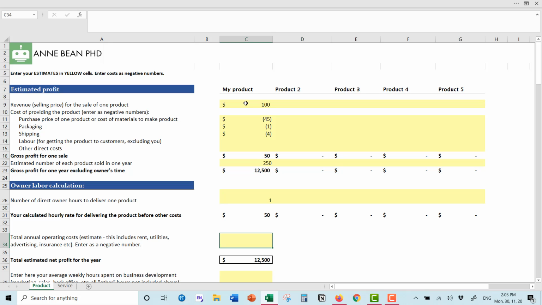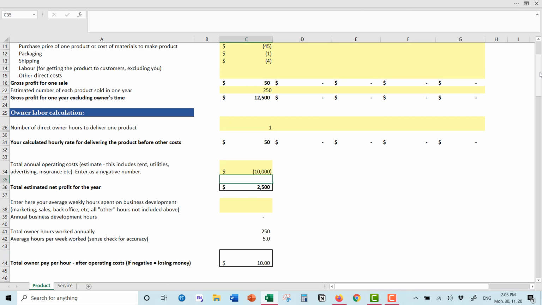So I'm going to add up all my estimated operating costs. So accounting and bookkeeping fees, website hosting, all the apps that I pay for and all the software that I pay for monthly, any rent, utilities, my advertising costs, my insurance, all of those, and I'm going to estimate minus $10,000 as being my average expected operating costs.